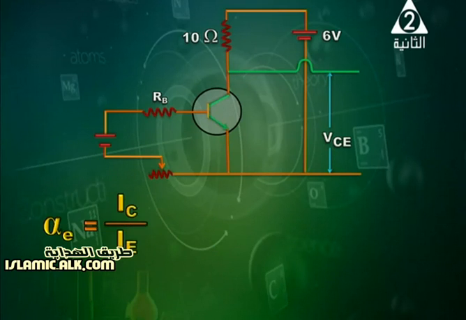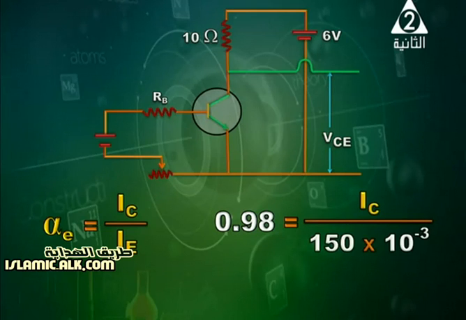And alpha E equals IC over IE, current collector over current emitter. So 0.98 equals IC over emitter current, which is given, and this way we managed to obtain the current flowing through the collector. It is equal to 0.147 ampere.